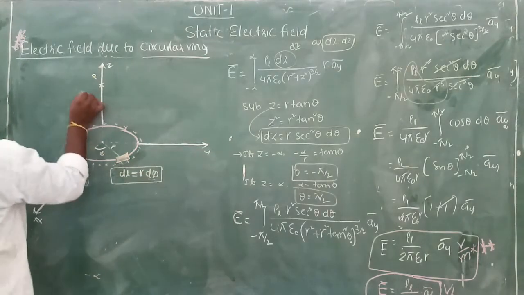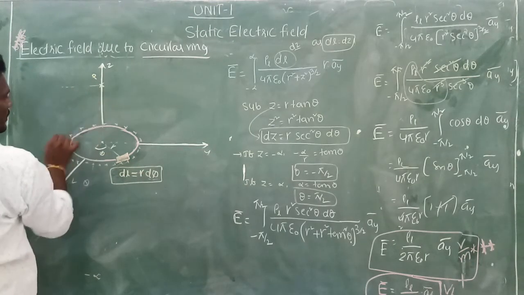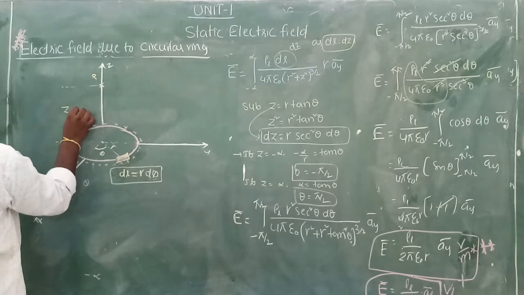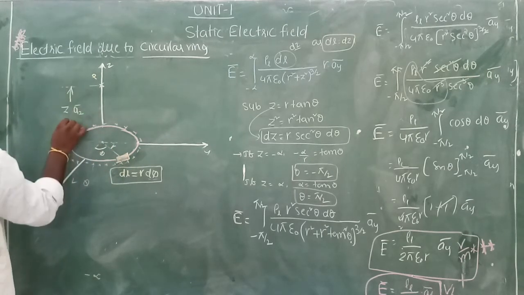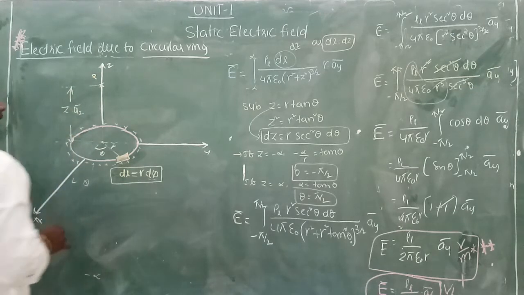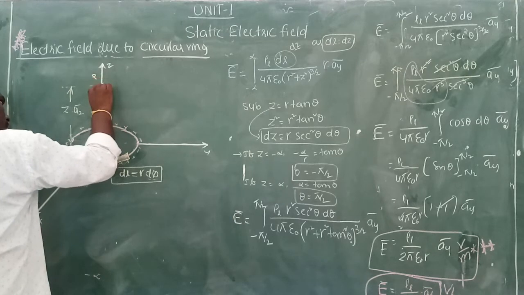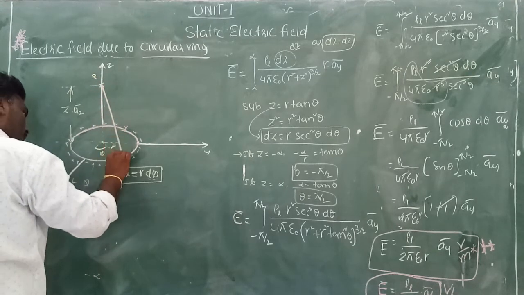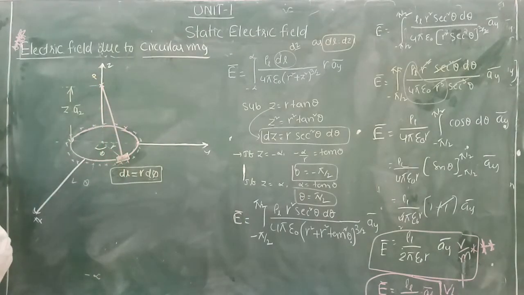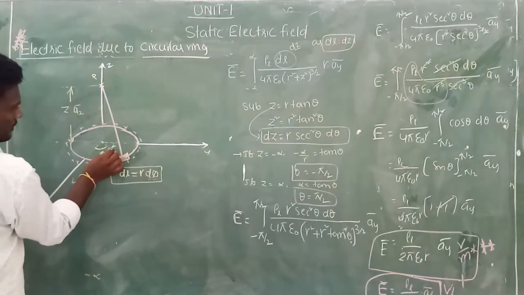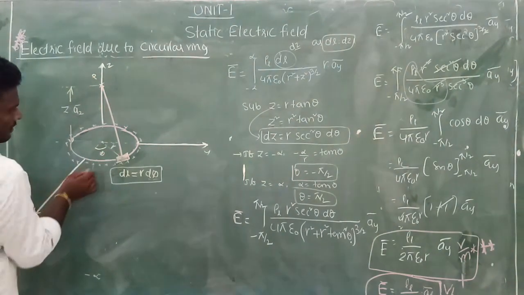Okay, now consider the distance between the origin and point P is z in the z-axis direction, z into az bar, and draw a line between point P and the differential vector length. It will be like this. Now see, this r is in which direction?